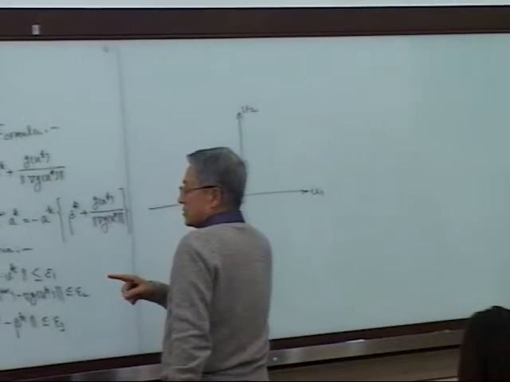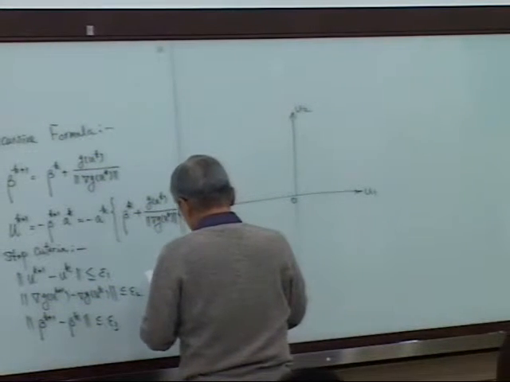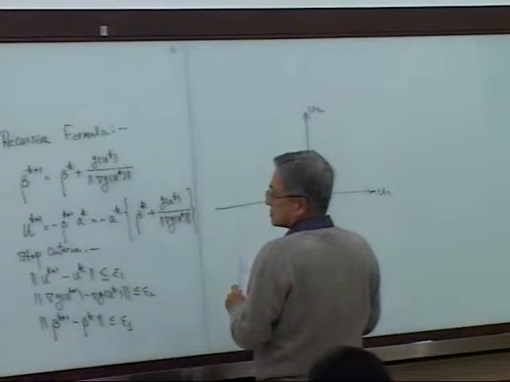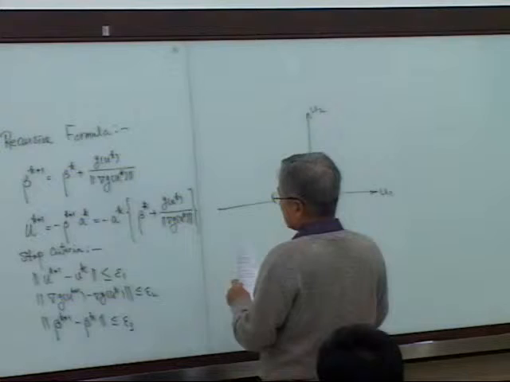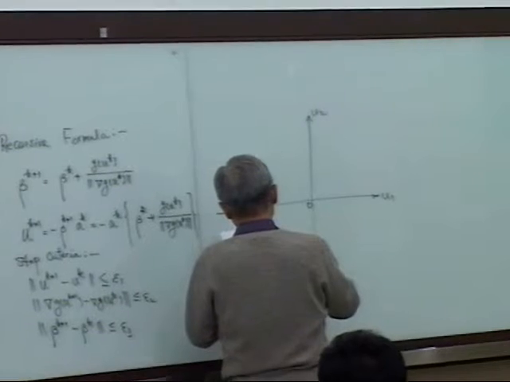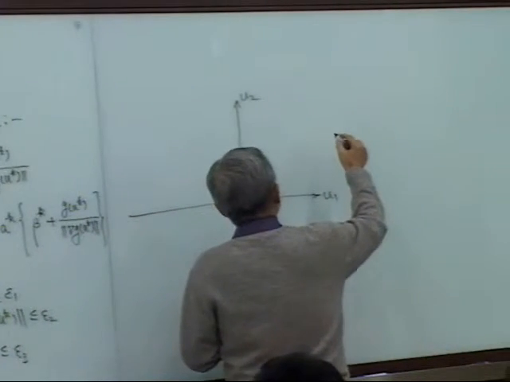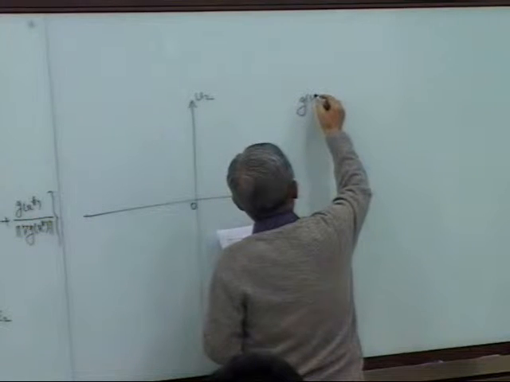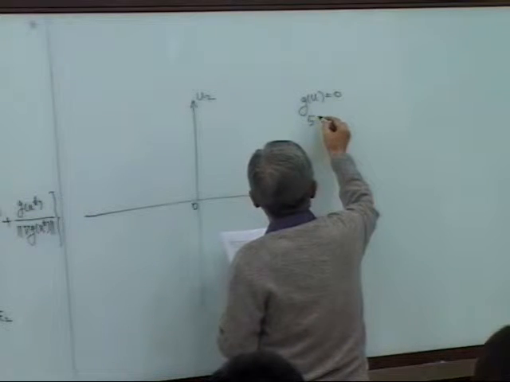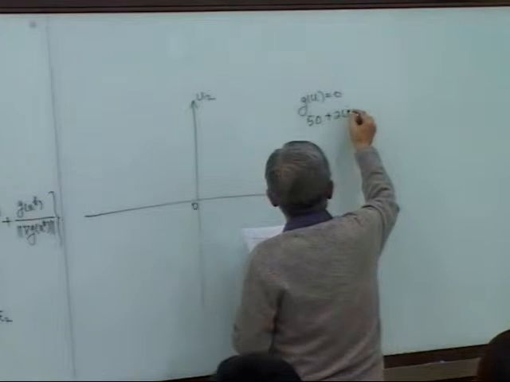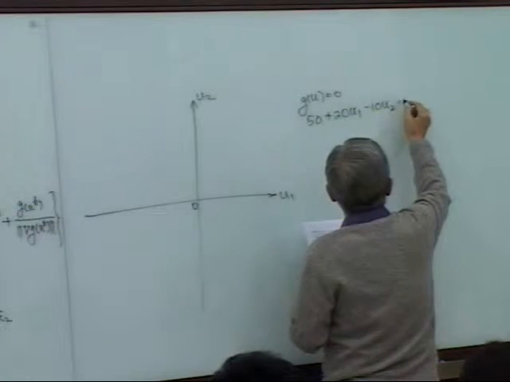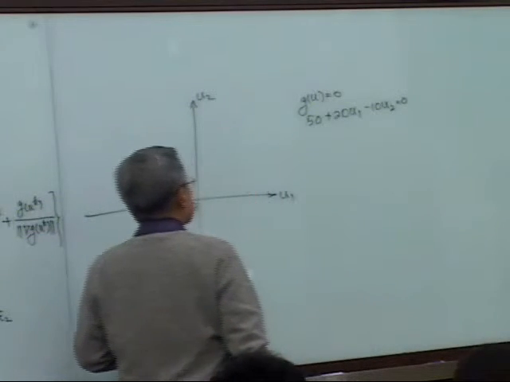You can plot that function here, the g function. So you have 50 plus 20 u1 minus 10 u2 is equal to 0.